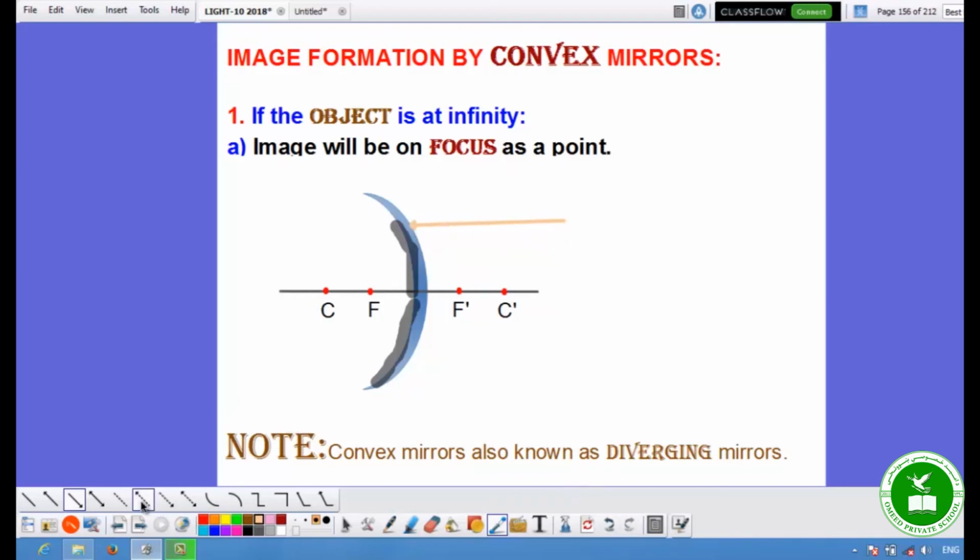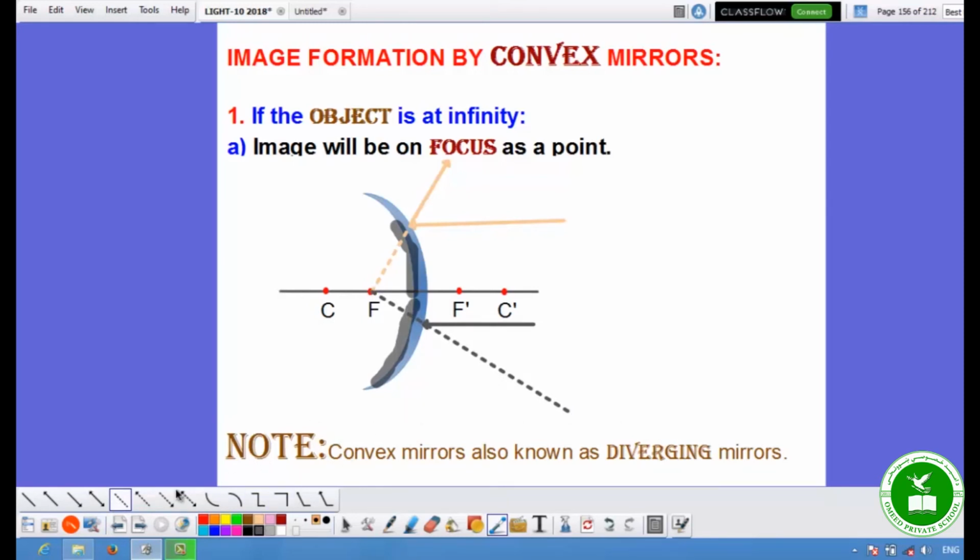Remember, it will be reflected in such a way that you think it is coming from the focus. This is the reflected ray. Next, if the incident ray is parallel to the principal axis like this, it will be reflected in such a way that you think it is coming from the focus like this.